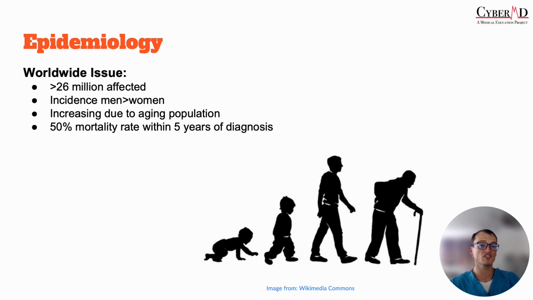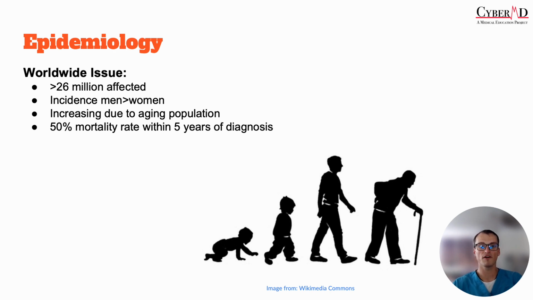In the United States specifically, heart failure affects approximately 6.2 million people ages 20 and over based on data from the American Heart Association. The incidence is actually higher in African Americans compared to Caucasians, and it's also higher in men compared to women, specifically in the United States.